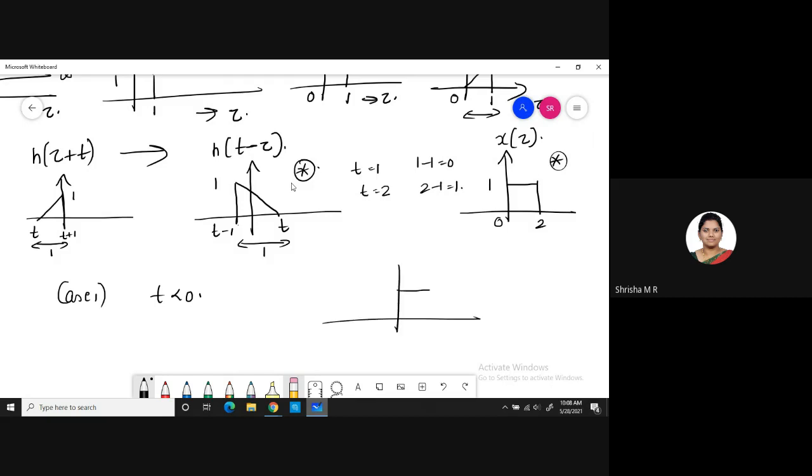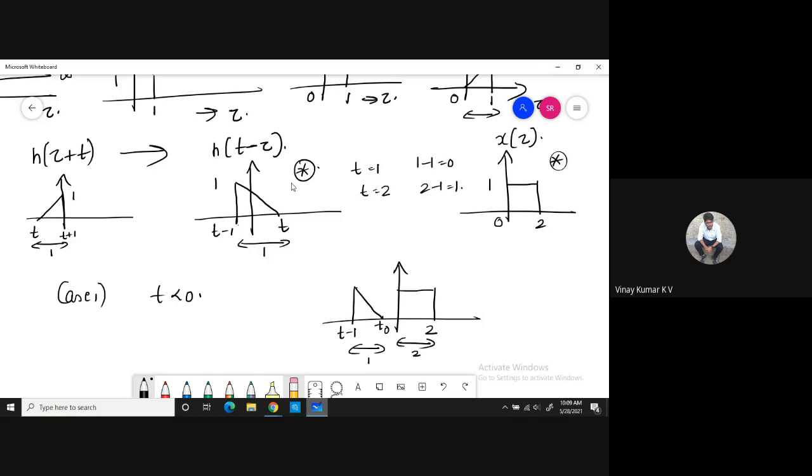You have a waveform from 0 to 2 and t is less than 0. Here you have t somewhere and here you have t minus 1. So what is the overlapping space? This is of 2 units and this is of 1 unit.